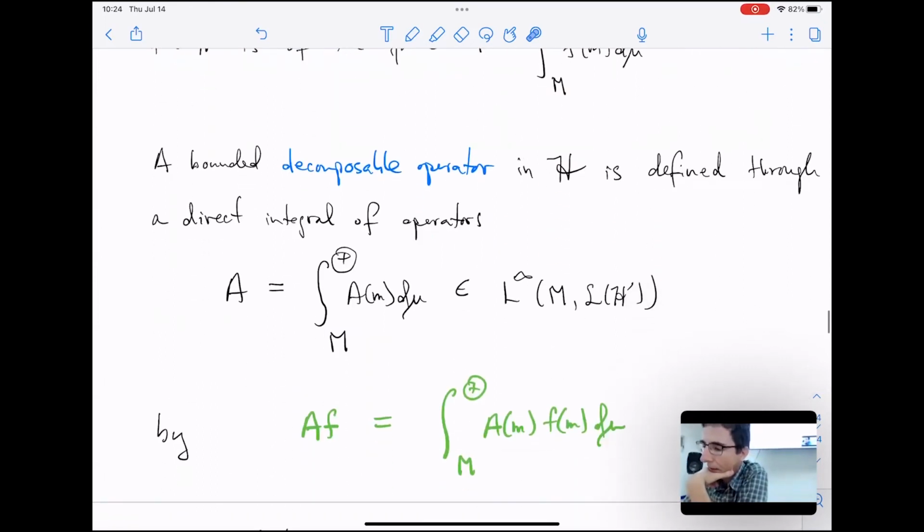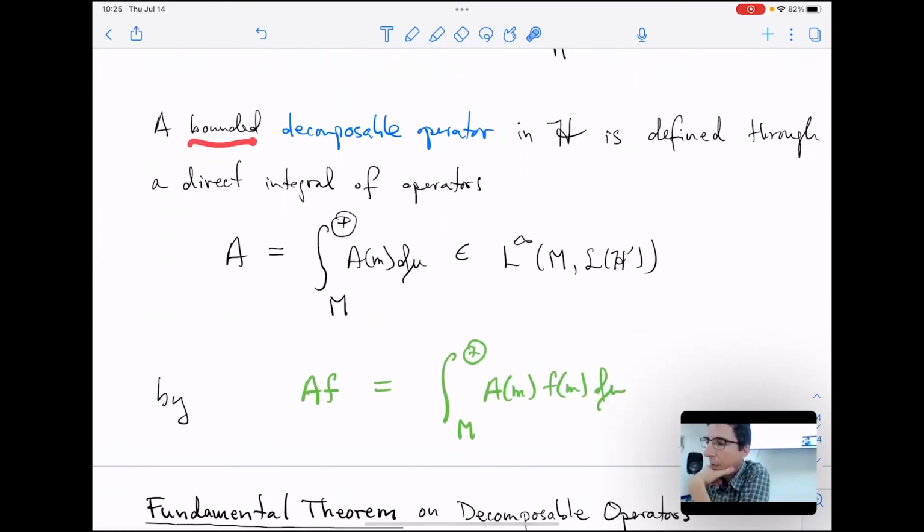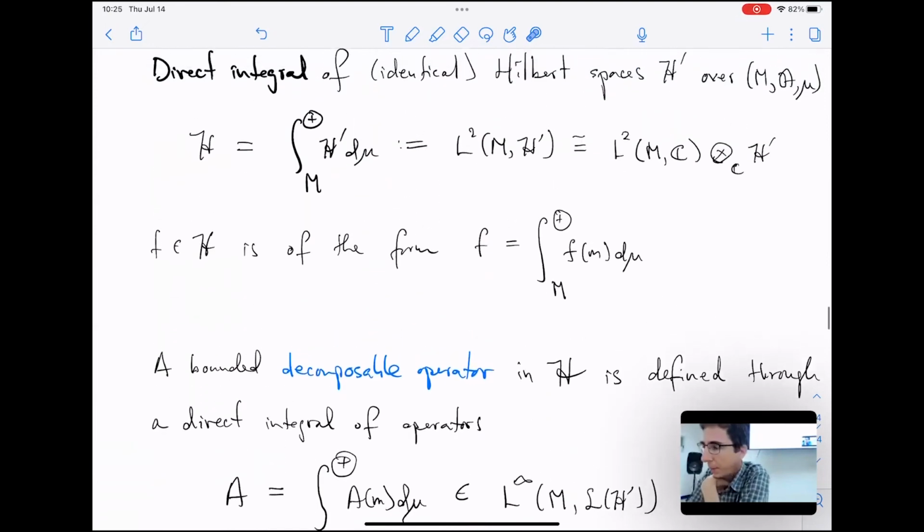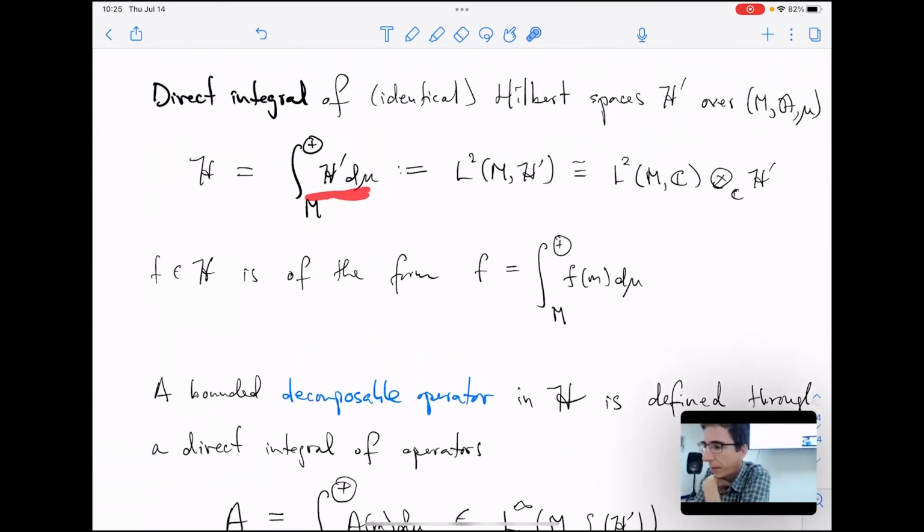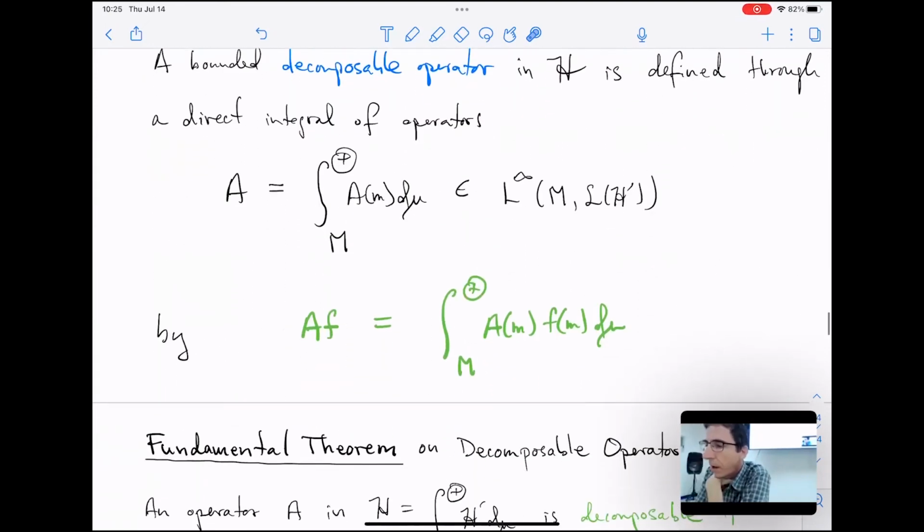Now, we talk about what we mean by decomposable operators. Decomposable operators with respect to this decomposition of a larger Hilbert space by a smaller one are operators that are defined by individual operators on the fibers, on each point in this measure space.